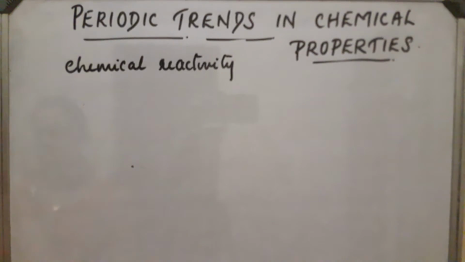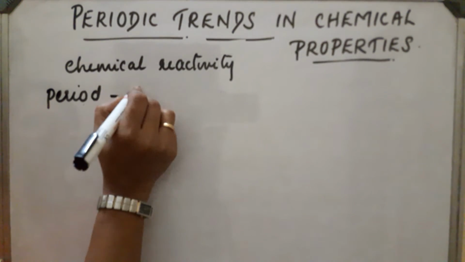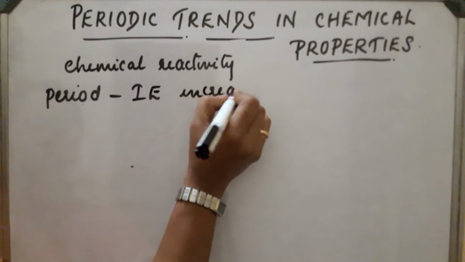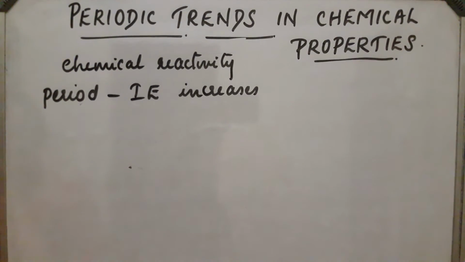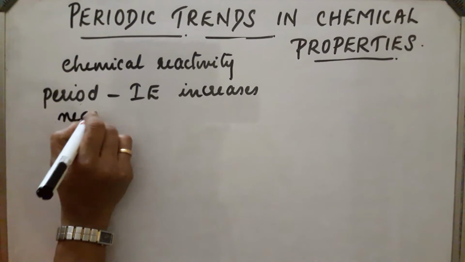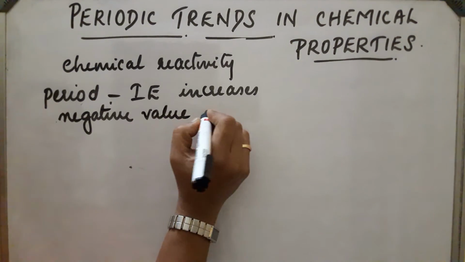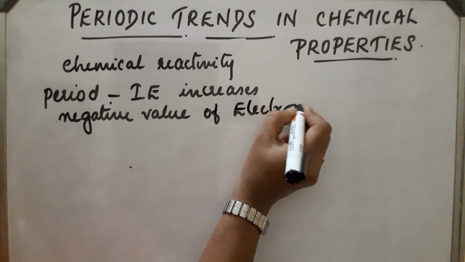Next, chemical reactivity of elements. Across a period, ionization energy increases from left to right. Then, except for noble gases, the negative value of electron gain enthalpy also increases.